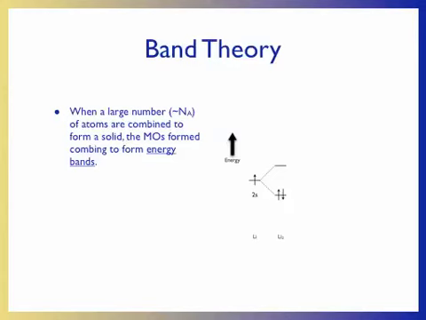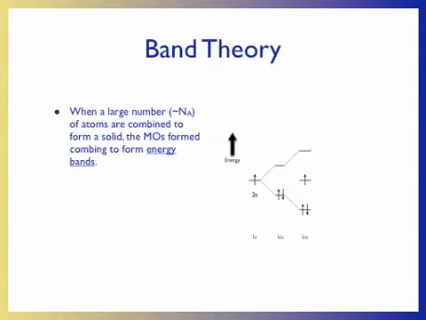We can now take this Li2 molecule and combine it with a third 2s orbital. Since we're starting with two molecular orbitals and one atomic orbital, we will get three molecular orbitals for the Li3 molecule.